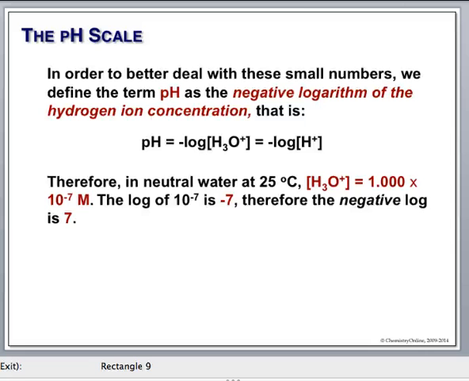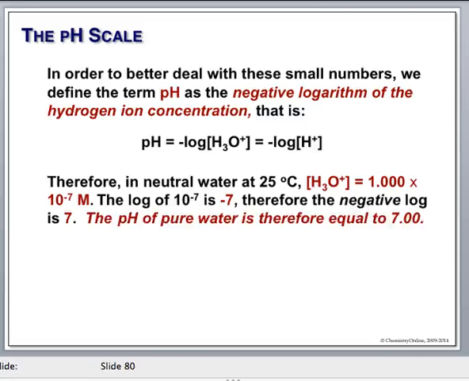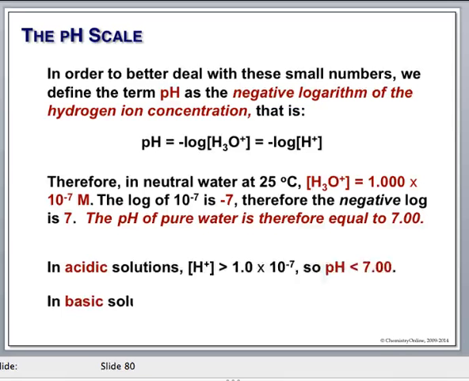Well, it's minus 7, isn't it? The negative log of that is simply 7. Therefore, and this is the great crescendo here, the pH of pure water is 7. That's where that comes from.